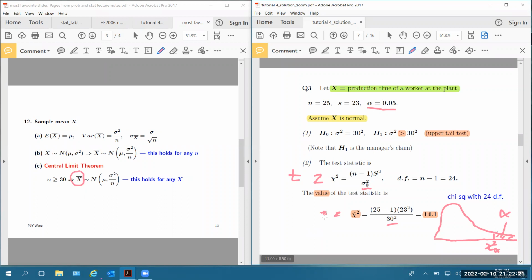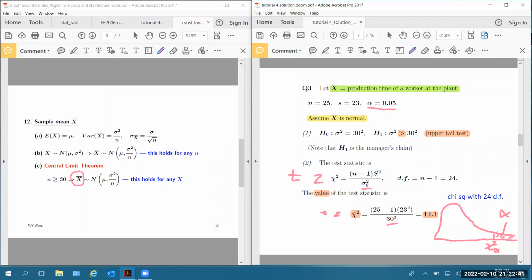Big T, then small t; big Z, then small z. Then for chi-square, we put a chi-square hat. So the whole point is just to separate the test statistic from the actual value, make it a little bit different. Okay.